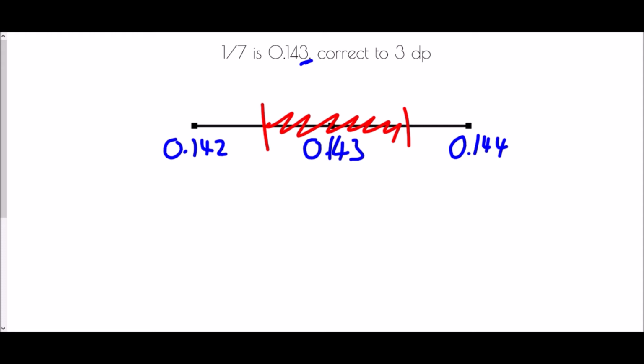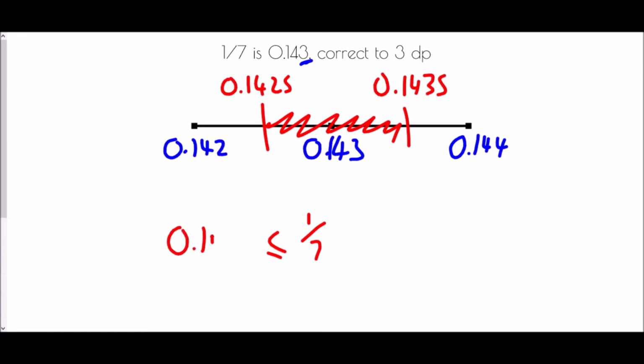And so halfway in between, 0.1425, and the values above, 0.1435. And so that value, 1/7, well, that is at the smallest, 0.1425, and at the highest, 0.1435.